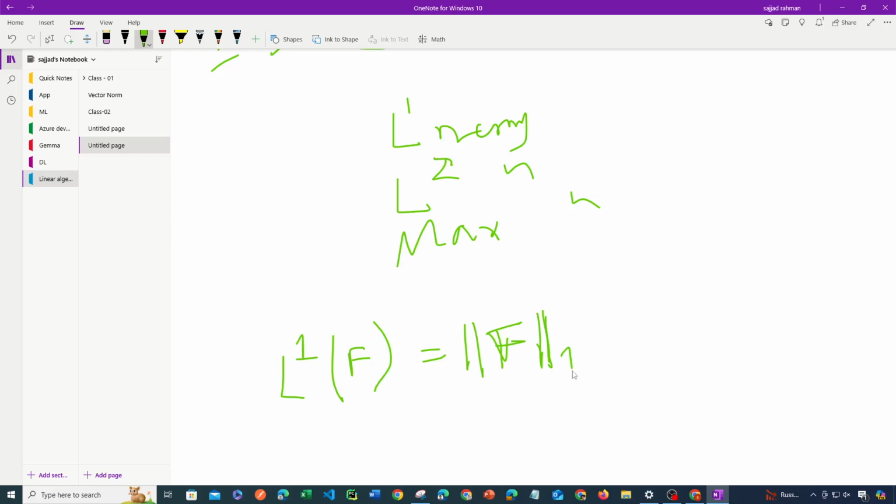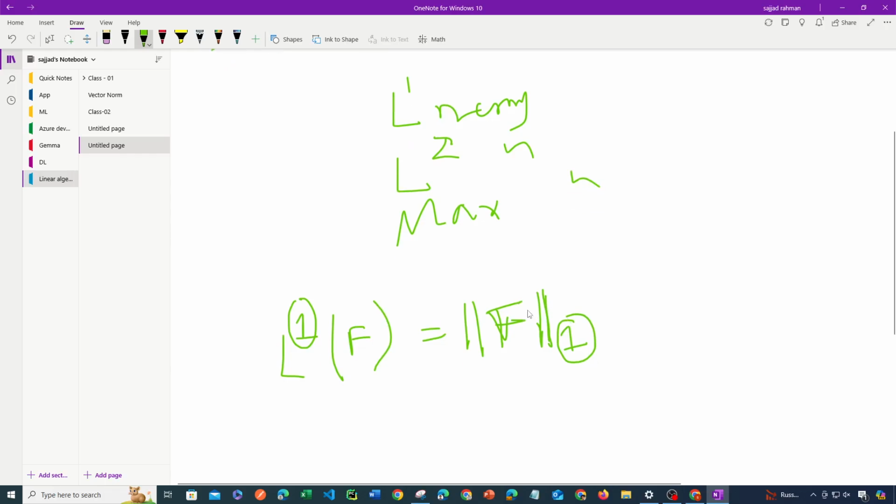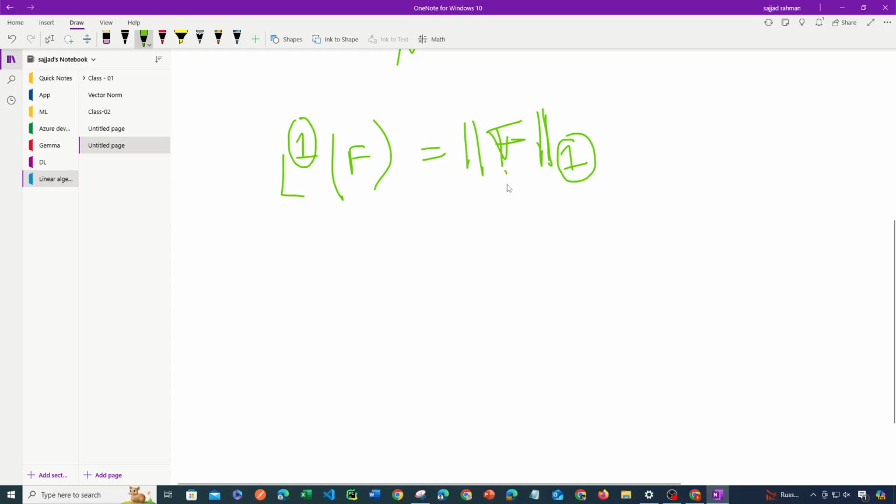This is called the absolute value, and we put a subscript of 1, as we are finding the length of the vector. So what does the f with subscript 1 mean here?